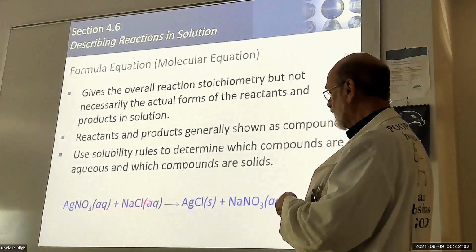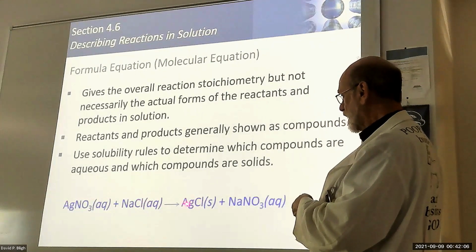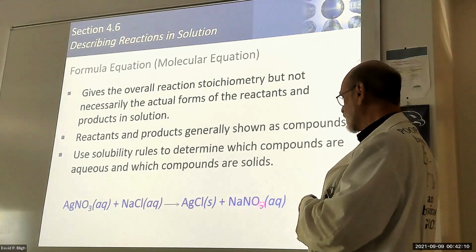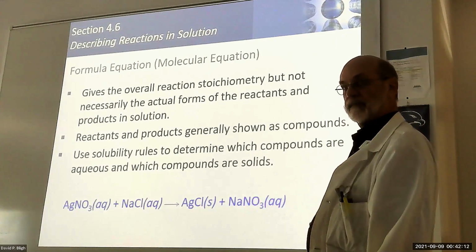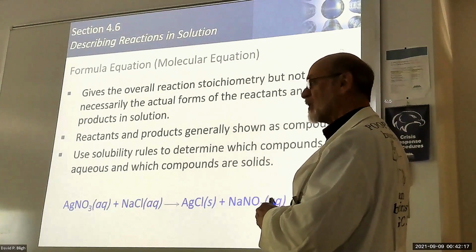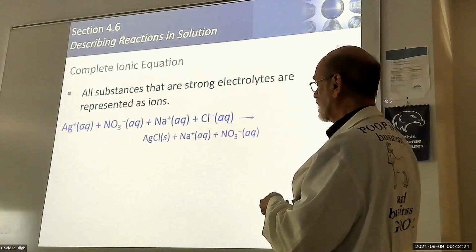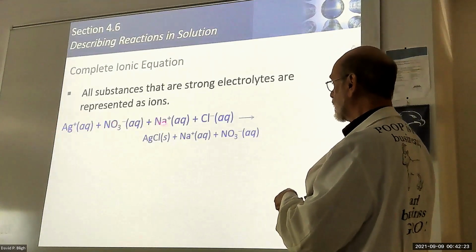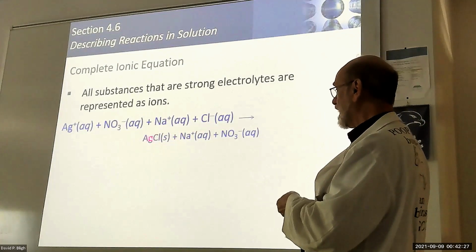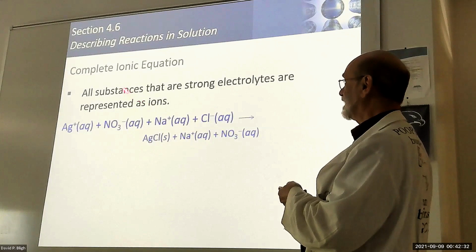Silver nitrate, sodium chloride, silver and chloride combine and form a solid. But the leftover sodium and nitrate, they're still aqueous. So if we write those in their true form and parse out all the ions, then it should look like this. Silver ions, nitrate ions, sodium ions, chloride ions. And then the silver chloride is still solid. And then you've got sodium ions and nitrate ions. That's the complete ionic equation.